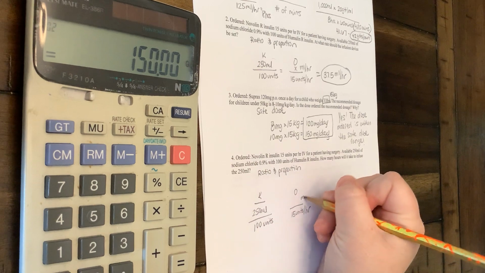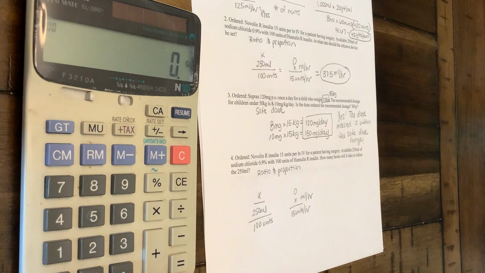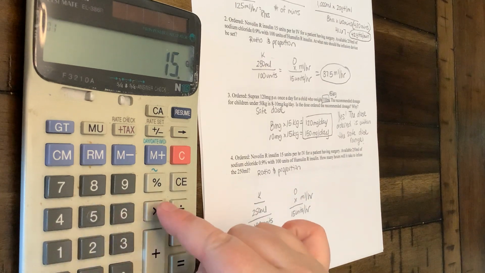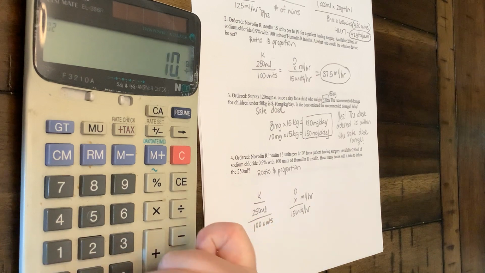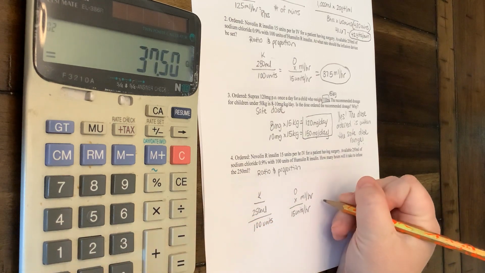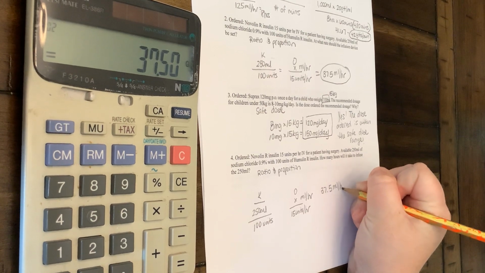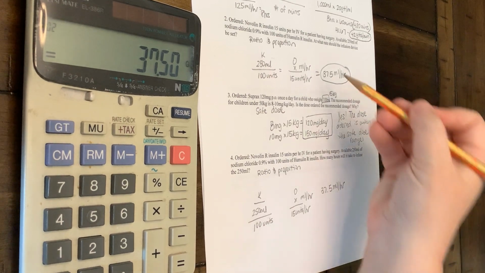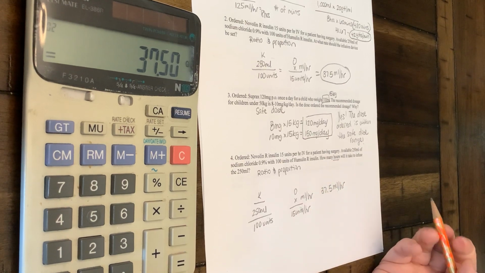So this will give us milliliters per hour. Cross multiply and divide. So we're going to do 15 times 250 divided by 100. And we get 37.5 milliliters per hour. FYI, this is the same as the previous problem, only this question is asking how many hours is it going to take to infuse?